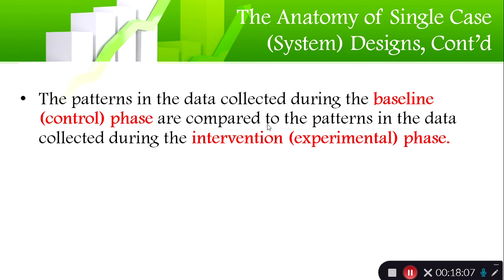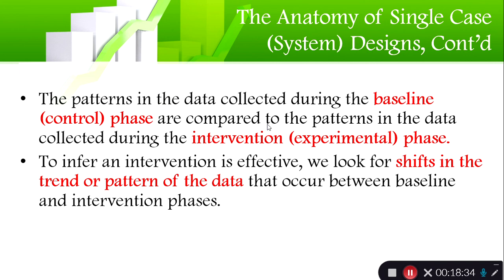The patterns in the data collected during the baseline phase are compared to patterns in the data collected during the intervention phase. So this is the reason why we say that the baseline serves as the control, or a way of comparing, right? The baseline, as the control phase, is compared to the patterns of the data that we find in the intervention phase.